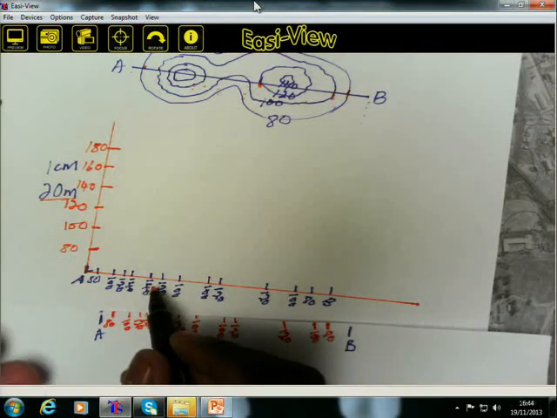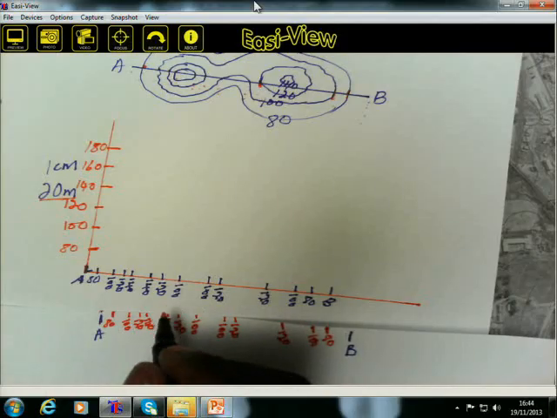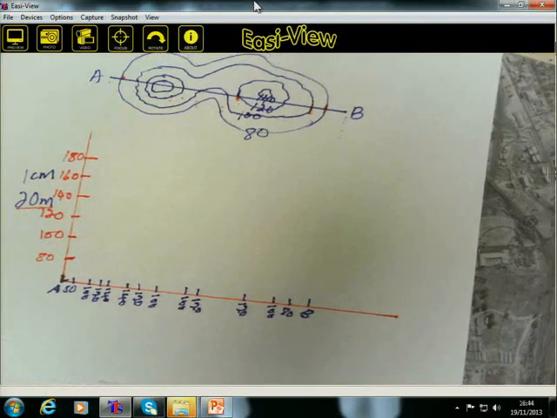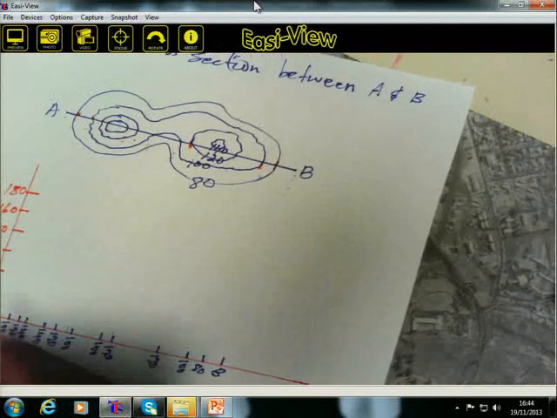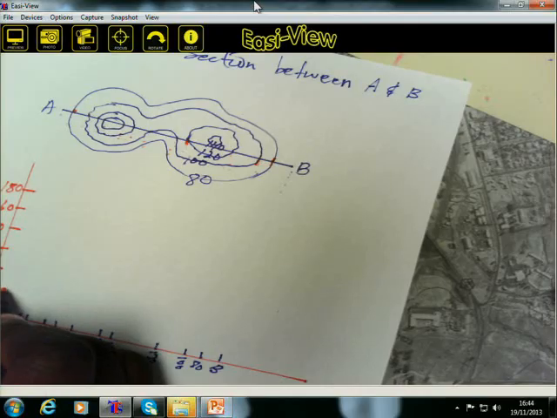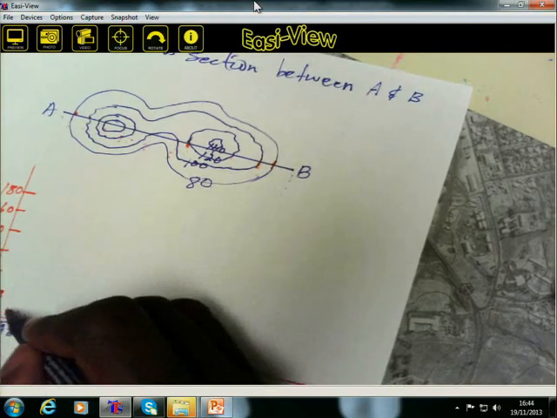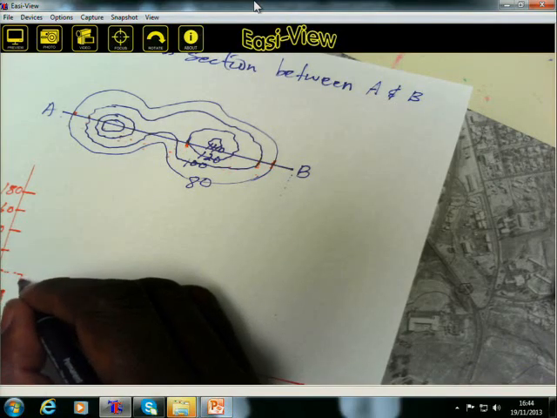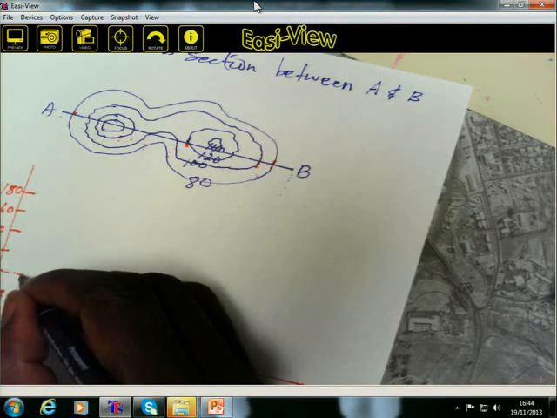Yes, the highest is 140. I've even moved more than I should have. Doesn't make any problem. Now I must plot it. 80 must go to 80. Got a point. Then 100 must come to 100.